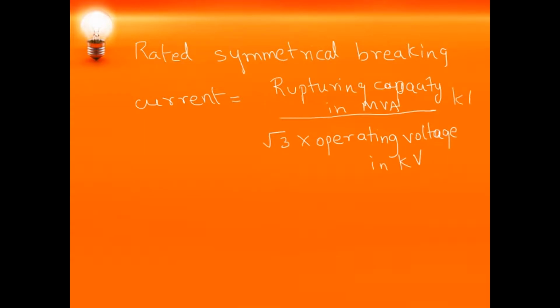If you substitute, you will get the answer in kiloamps. So it is 2000 divided by root 3 into 33, which comes up to 35 kiloamps.